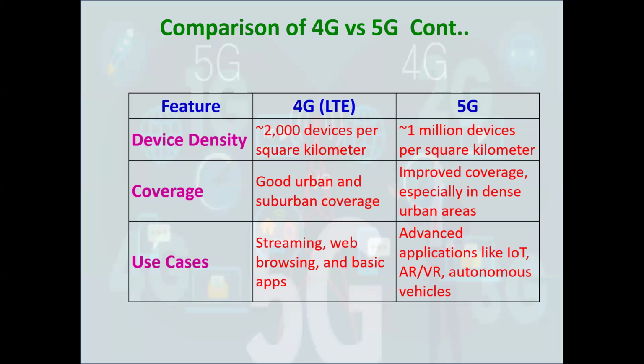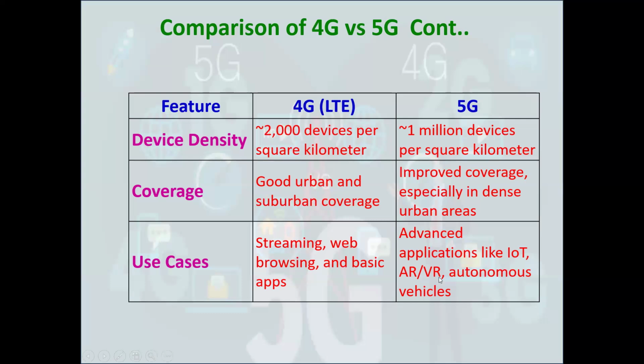So the next feature is the use cases. The primary use cases for 4G include mobile internet access, video streaming, social media, and general browsing. It supports most current applications effectively but has limitations for emerging technologies.